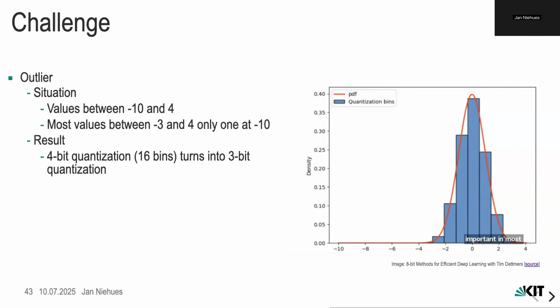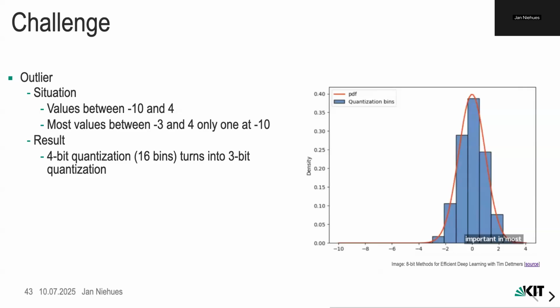Except for one number, you're only using the ones between -3 and 4. So in reality, you're not really having a 4-bit quantization, but you're mainly using only 3 bits, so half of your numbers. The 4th bit, which gives you the other half, is not used at all. You could be twice as precise here if this one outlier were not there.